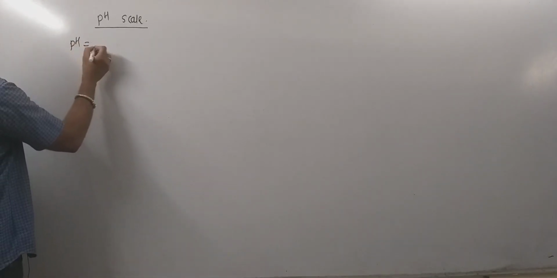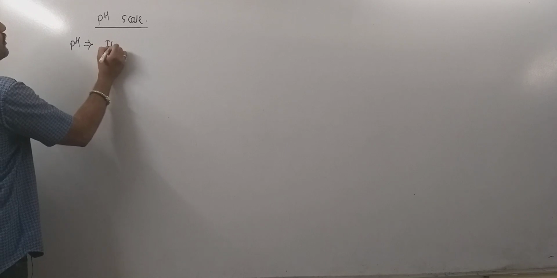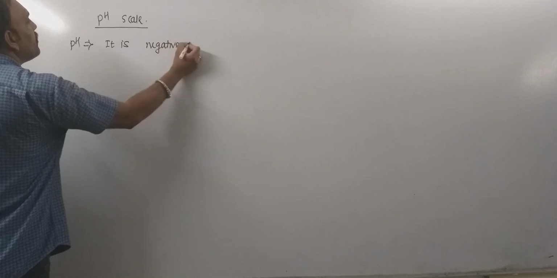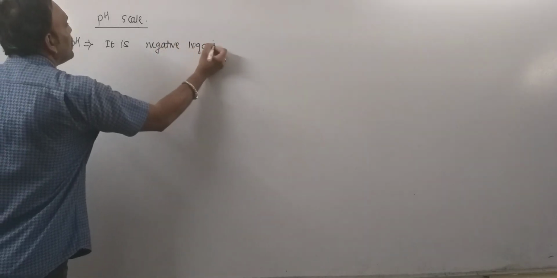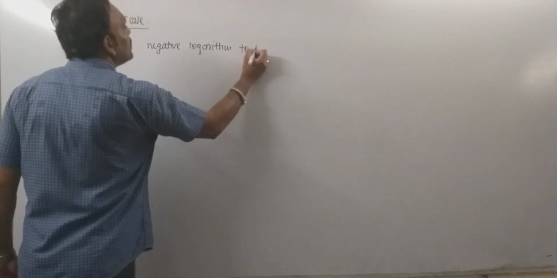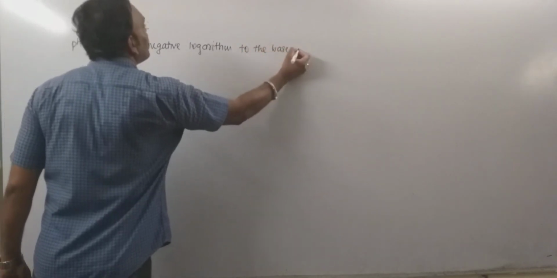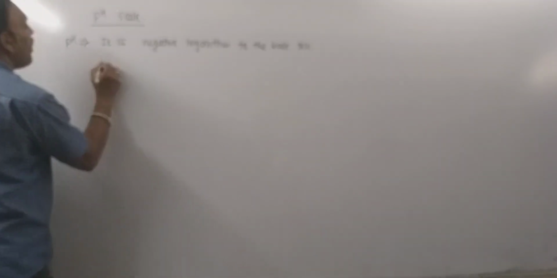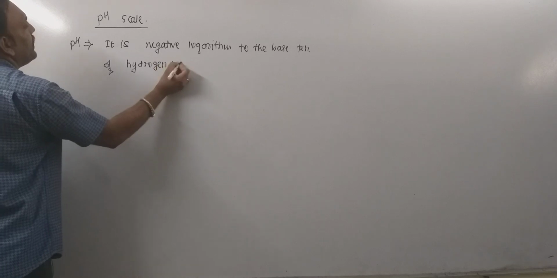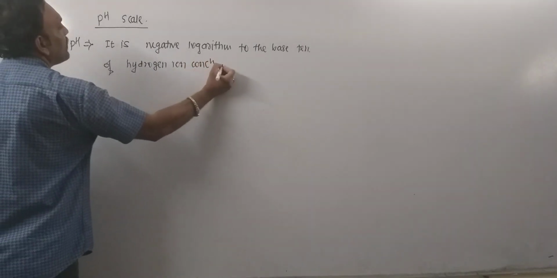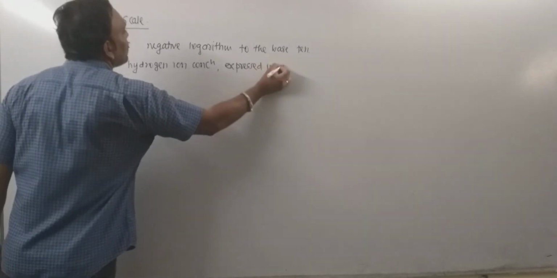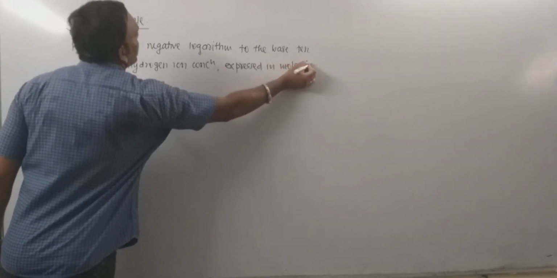Remember, the pH of a solution is the negative logarithm to the base 10 of hydrogen ion concentration expressed in molarity.